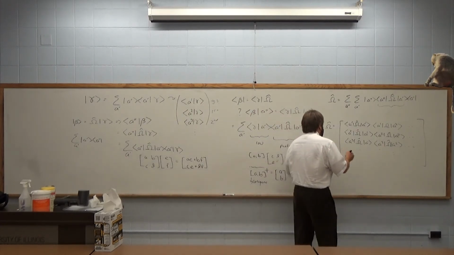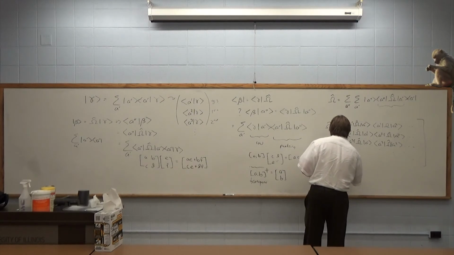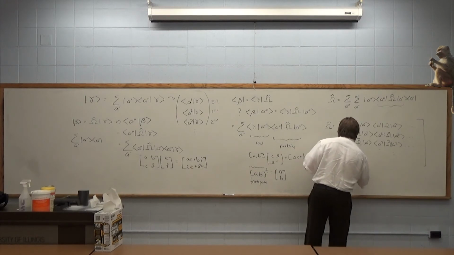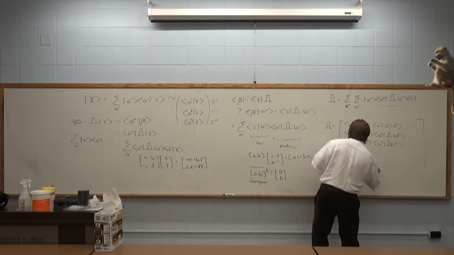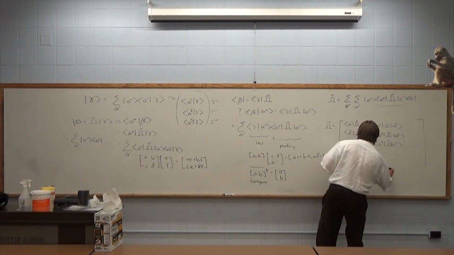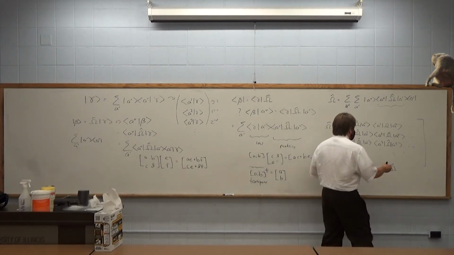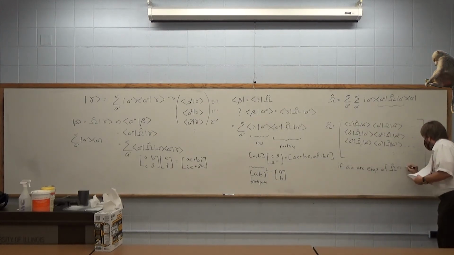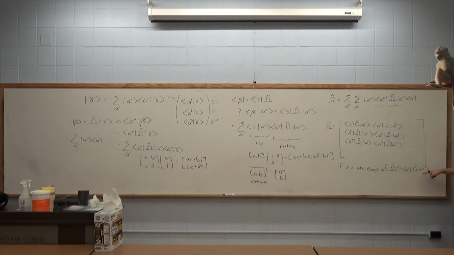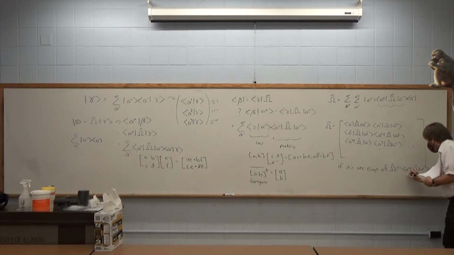Okay. Now, we've actually already covered this, but it bears repeating. If the A's are eigenstates of the operator, then any matrix element, and I'll just make it generic, A double prime, operator, A prime, would represent an off-diagonal element, and I'll act on the right on the ket.